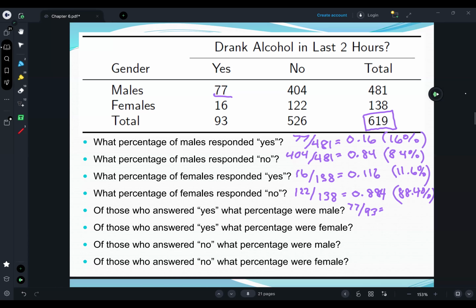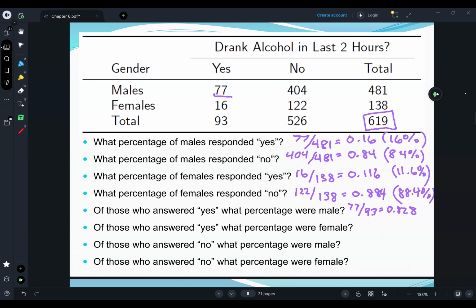And we get 0.828 or 82.8%. If you have room on your sheet, you can put in the 82.8%.